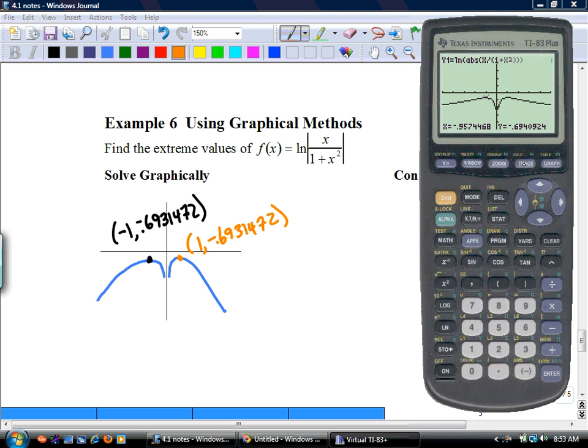And now we're going to try and find the minimum. Second trace minimum. Ooh, it shouldn't find anything. Yeah, it shouldn't find anything.